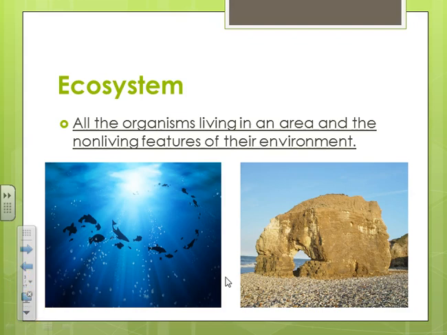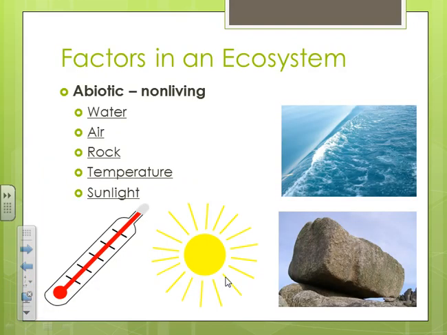Okay, so our next slide. Let's talk about some factors that you will find in an ecosystem. So there's this word called abiotic. Okay, and what it means is essentially non-living, never living. So let's break that word down.